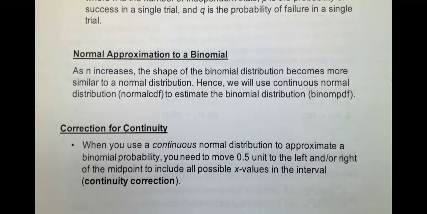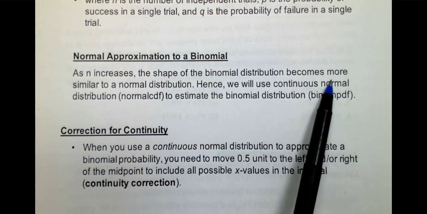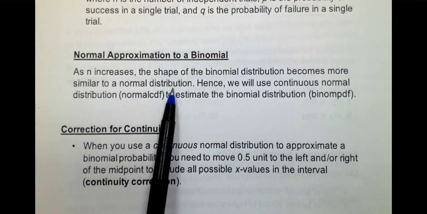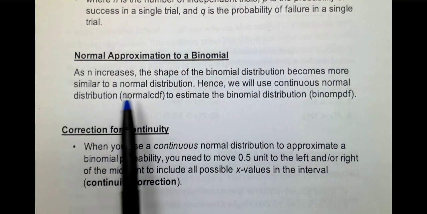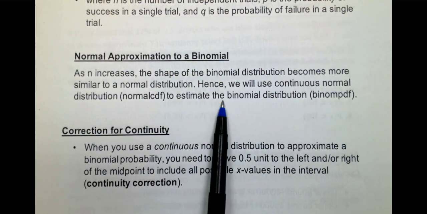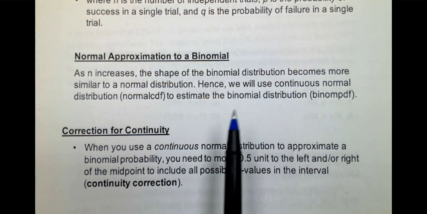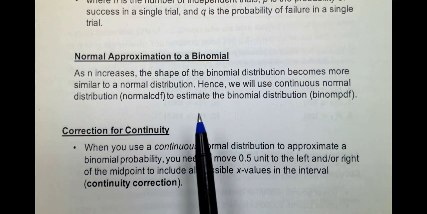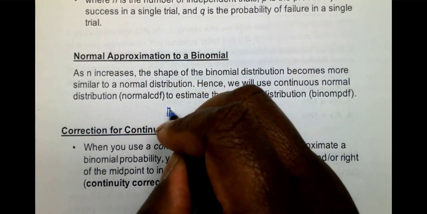So normal approximation to a binomial. As n increases, the shape of the binomial distribution becomes more similar to a normal distribution. Hence, we use the continuous normal distribution, which is normal CDF, to estimate a binomial distribution. So that means the higher your n, with the histogram, we have bars, right?